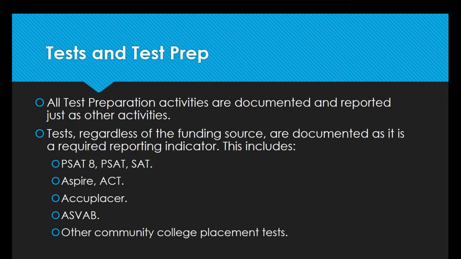So we do want to capture all of that, whether Gear Up pays for it or not. And so you would enter that in the test and test prep activity type. And we have very specific guidance on how to name those tests. So again, please refer to the manual for additional clarification. But that is a little bit different than other guidance given for the portal entries.